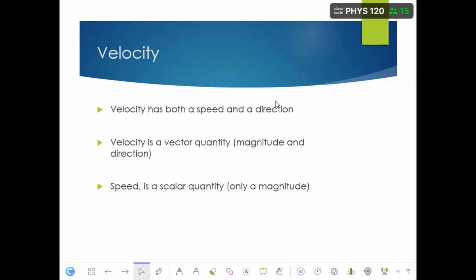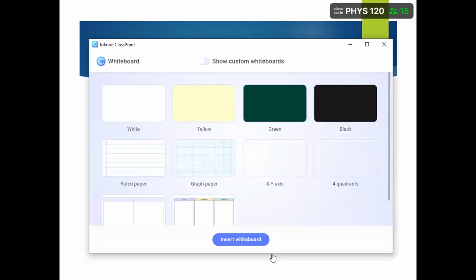So again, the velocity is a vector, and a vector has direction and magnitude.